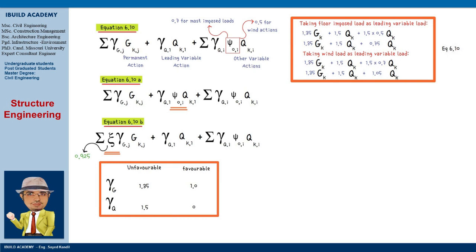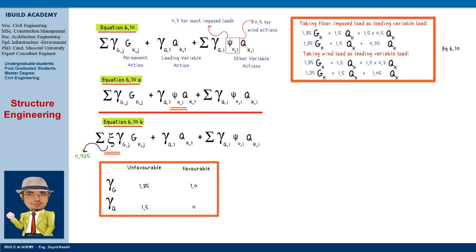If we want to use the second option, we have to check both equations 610a and 610b. Here's equation 610a. Again, we have partial factor gamma g for permanent action, that's 1.35. And here, both the leading and other variable loads are multiplied by psi naught and gamma q factors.